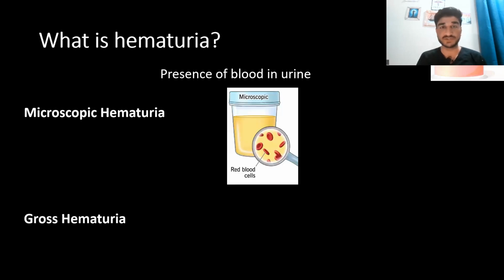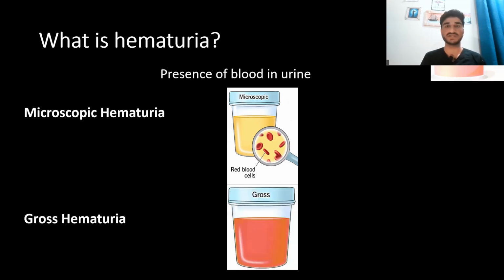In microscopic hematuria, we have a few red blood cells that are seen in the HPF, high power field, and 3 to 5 RBCs are normal, but more than 3 to 5 is abnormal. And in gross hematuria, the blood is visible in the urine. The patient will complain that he or she has blood clots or blood while urinating.